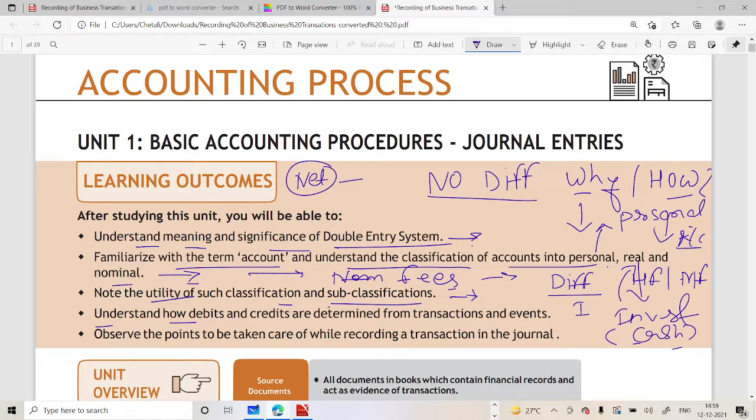Okay. And then they understand how the debits and credits are determined from the transaction event. So I'll help you understand the debits. And one more thing, suppose you are not from a commerce background, you are not from accounting, then that's fine, right? Because there are rules that we just need to keep in mind while preparing accounting records or statements. And these rules are similar for commerce and non-commerce students, or professionals as well.